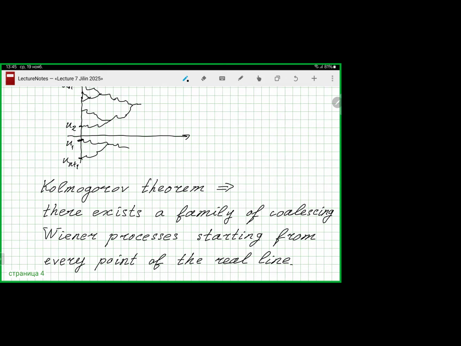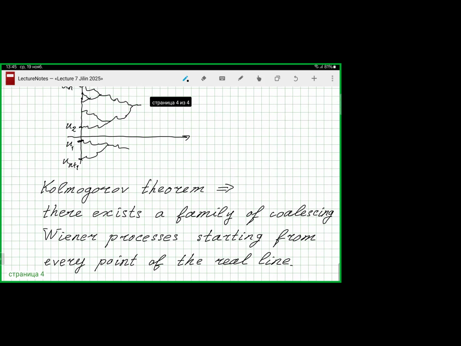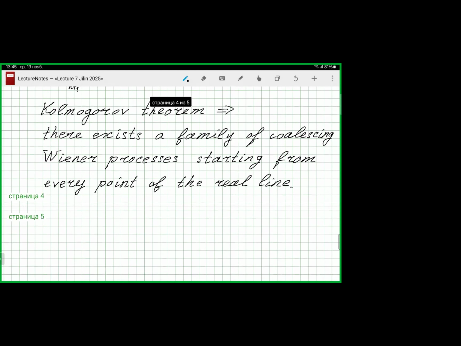I will denote this family X(u,t). Here u belongs to R, t is greater or equal than 0. So for every fixed u, X(u,t) is a Wiener process.